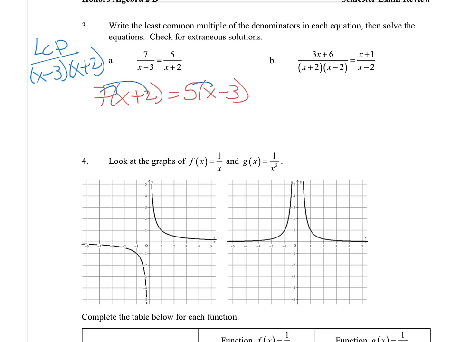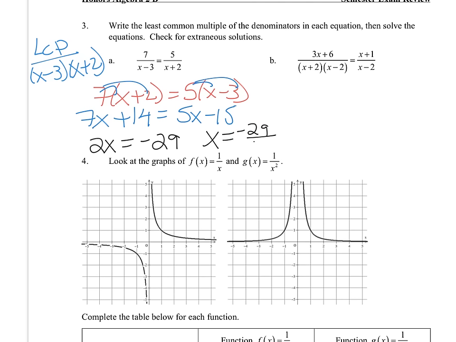Okay, we're going to distribute. Move your like terms together. And we get x is negative 29 over 2.